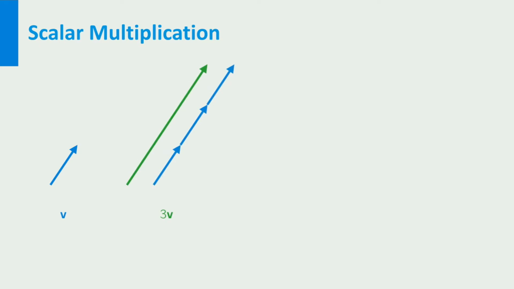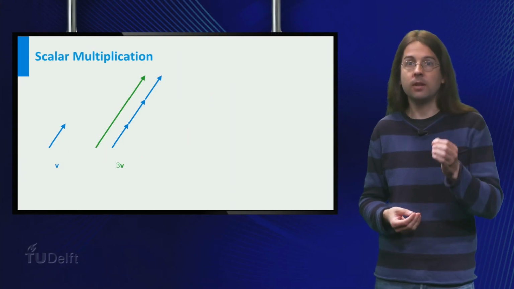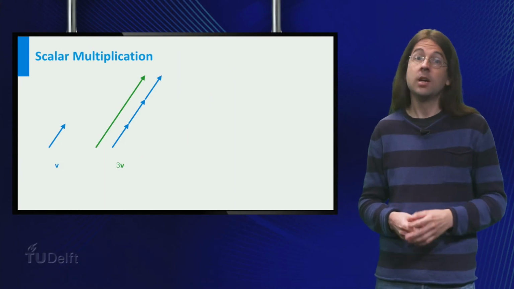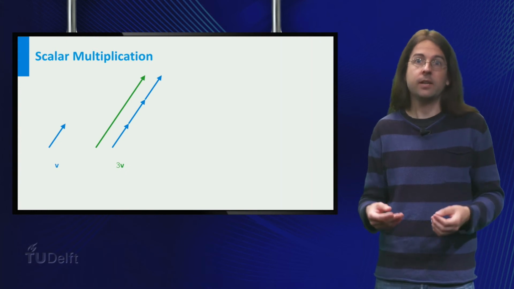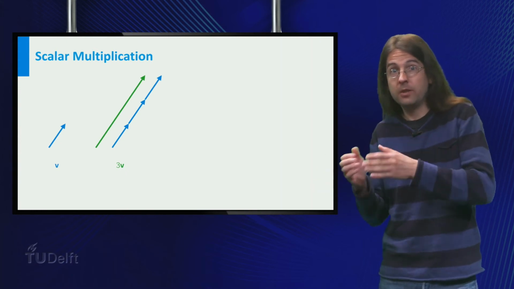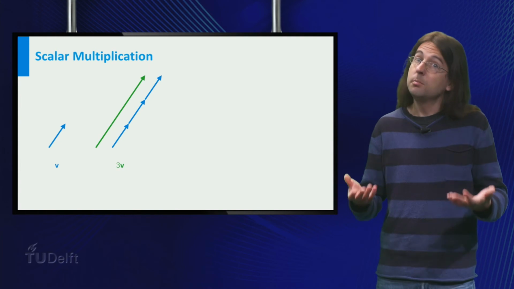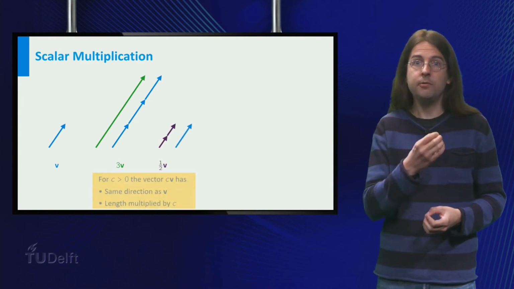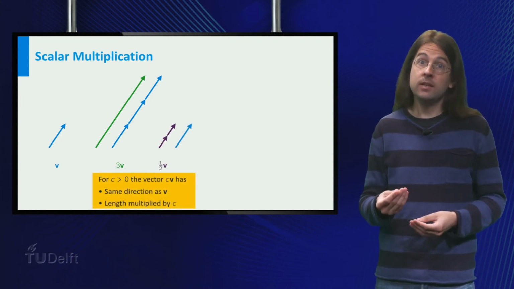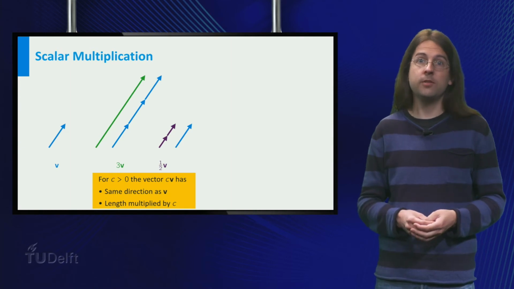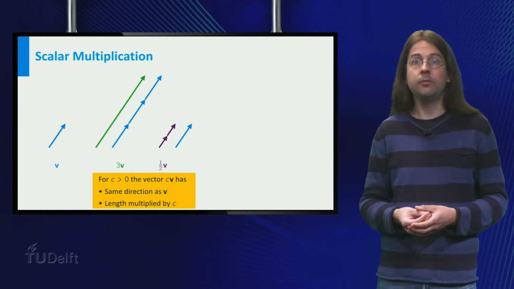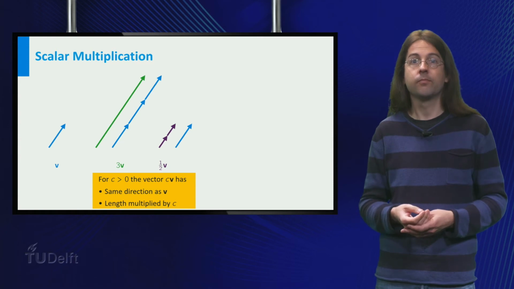The direction of the vector stays the same, but the length is tripled. Thus, it is the same as v plus v plus v. But of course, we can now also halve a vector. Indeed, multiplying by any positive number just scales the length of the vector by that number.